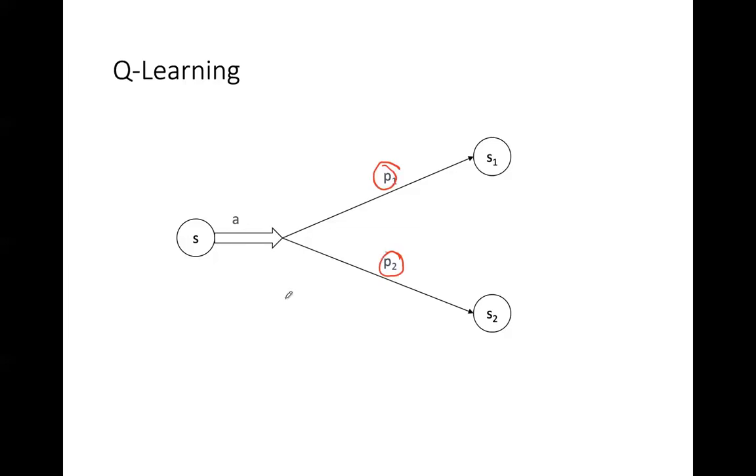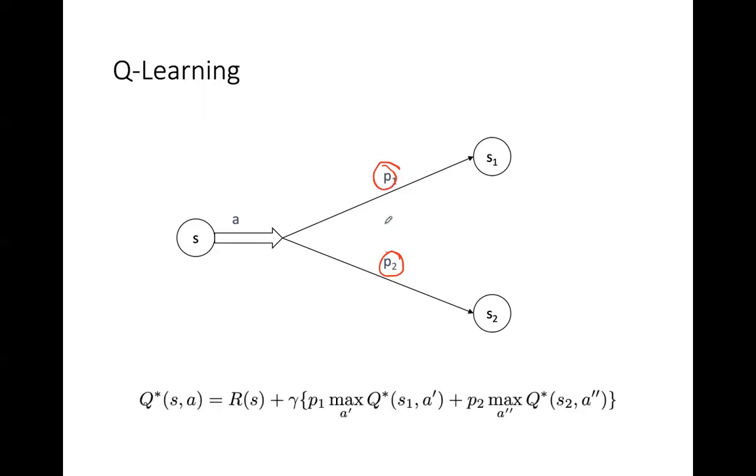So when I'm in state S and take action A, sometimes it'll take me to state S1, other times it'll take me to state S2, but I don't know what these true probabilities are. If I knew what P1 and P2 are, I could plug them into this equation, but I don't. So how can I compute the value of this equation when I don't know P1 and P2?